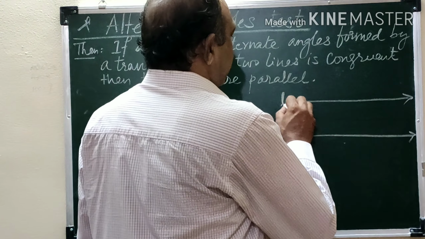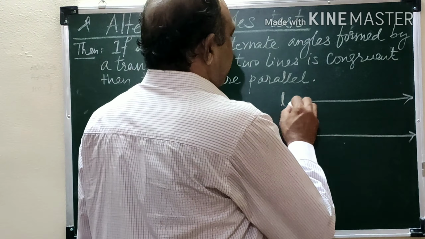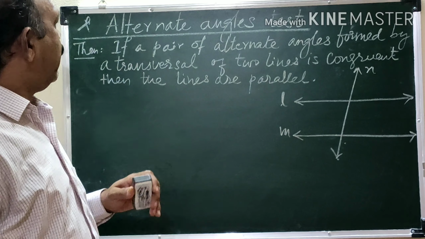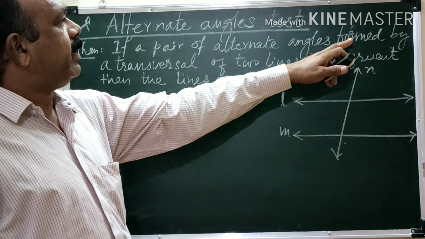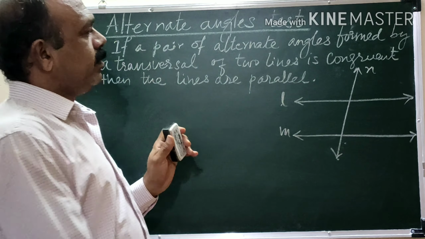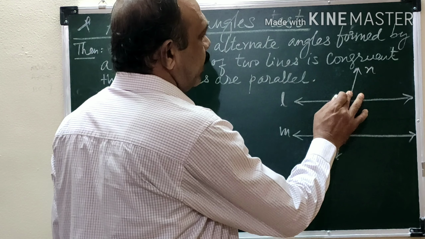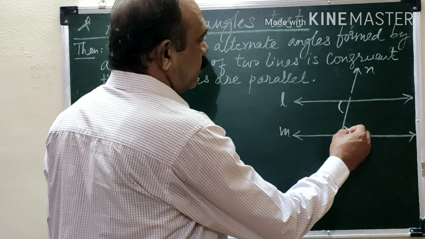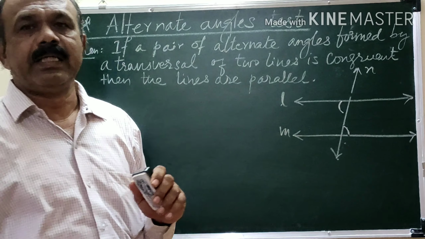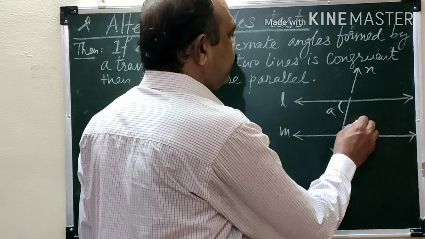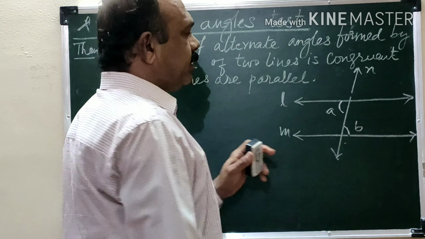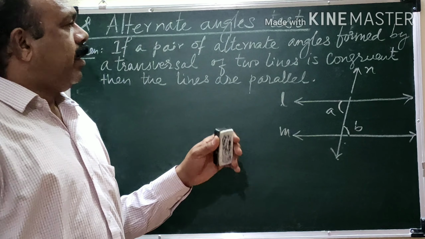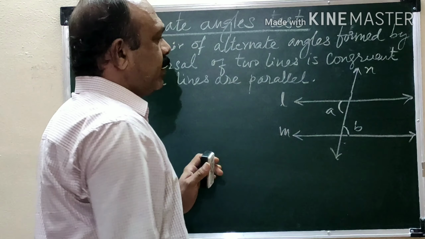We will name them L and M. This is the transversal, line N. Now, alternate angles formed by a transversal: suppose these two angles, we will denote them as A and B. These two angles are congruent, and we have to prove that.